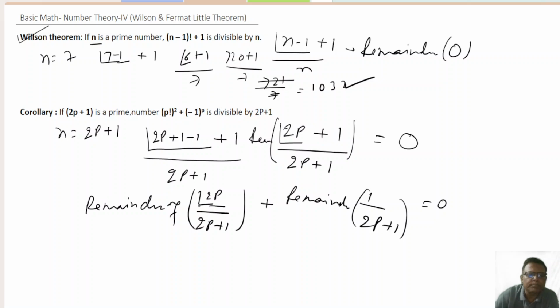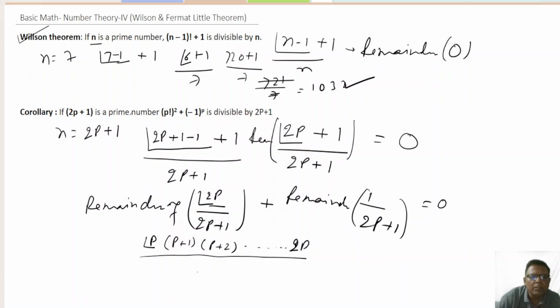So let us see. 2p factorial can be written as factorial p times (p plus 1), (p plus 2), up to 2p, divided by 2p plus 1. So the remainder of this, plus 1, because the remainder of 1 by 2p plus 1 will be 1 only, should be 0.